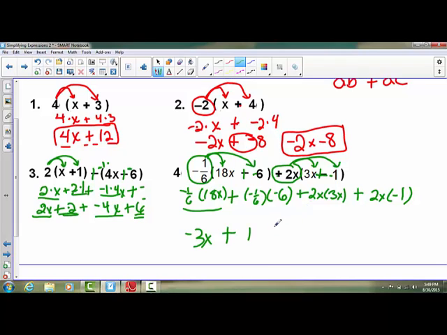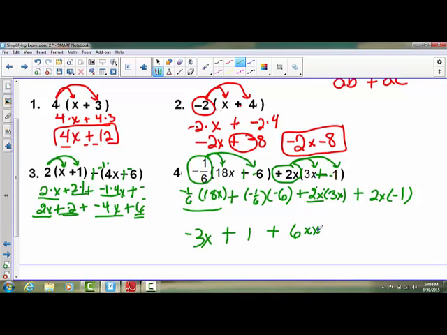Right? Here it gets a little weird looking because we haven't had to multiply by an x before. Right? Okay, so we look and we have 2 times 3. So we can multiply a number times a number. That's not hard. 2 times 3 is 6. And then what happens when we multiply x times x? Well, you could write it like this, x times x, right? But we have another way of writing that.